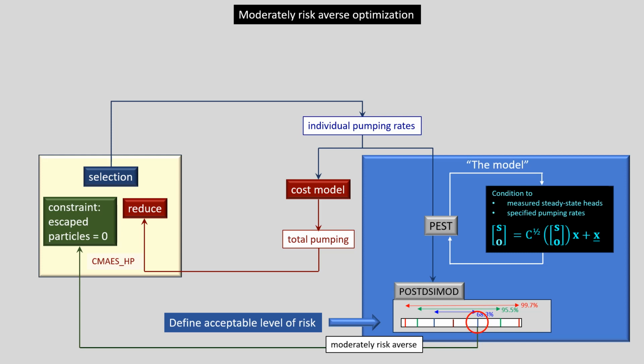So I'm prepared this time to accept roughly a 30% chance of failure. And that's the constraint that I provide to the constrained minimization process that has been undertaken by CMA-ES HP.